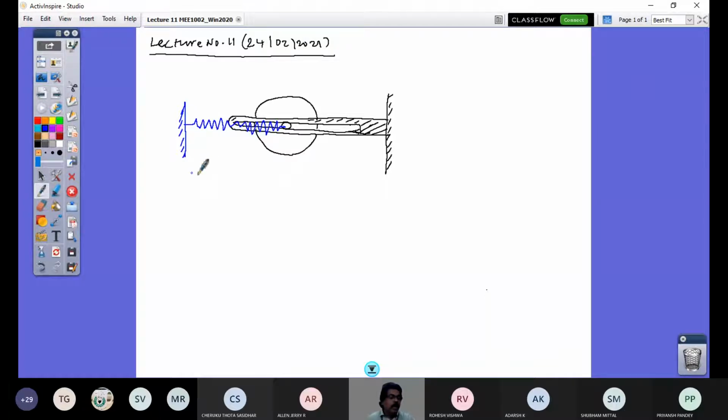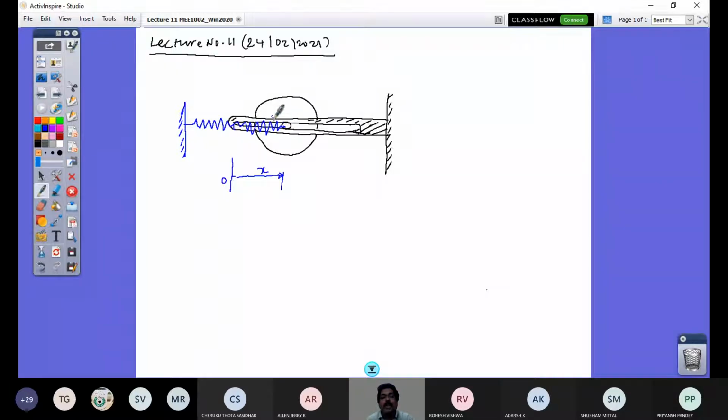Now let us describe the controlled motion of this. Let me give a position. It is located at a distance x from this point, which is my origin or reference point.